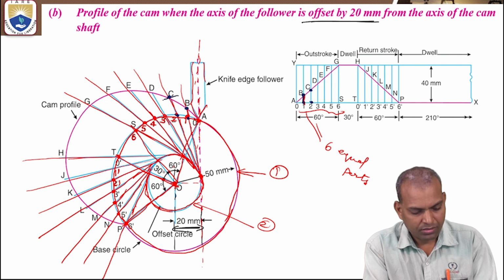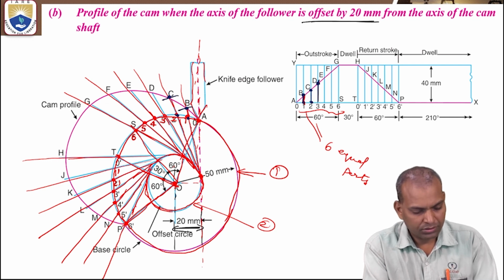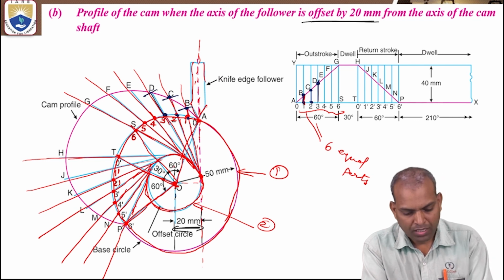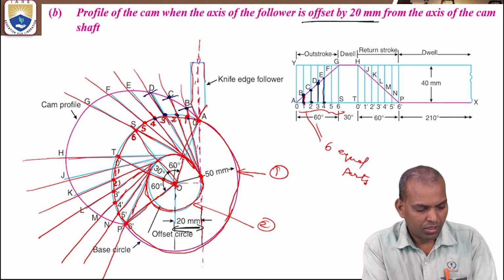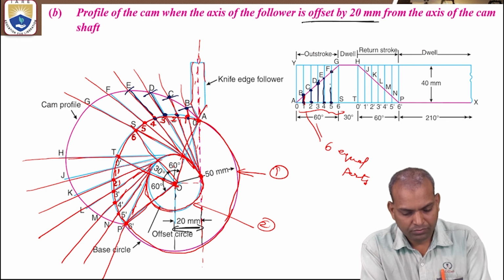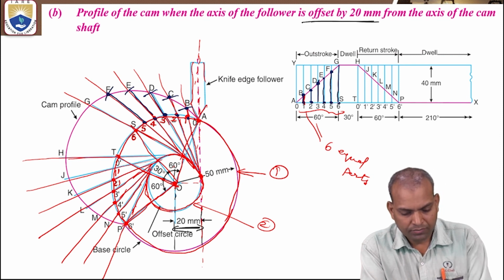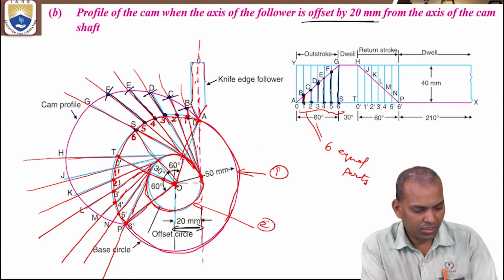Next, 3 to D. This is the point 3 and it is D. 4 to E. This is 4 and cut the arc E. 5 to F. This is 5 and it is F. 6 to G. This is 6 and it is G.